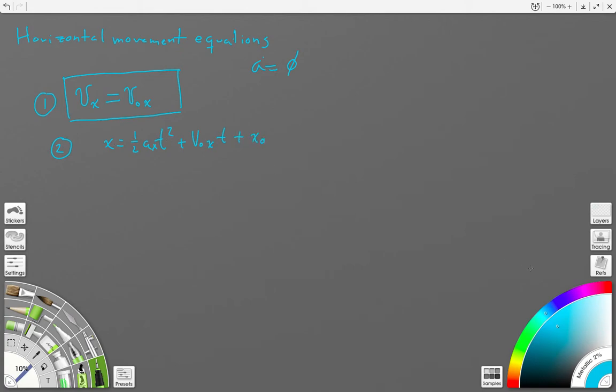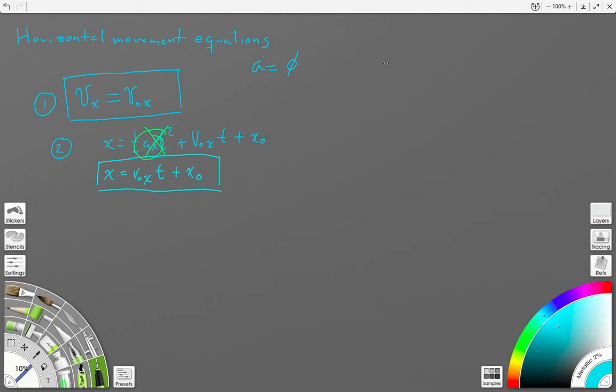Since ax is equal to 0, all of this gets canceled out, and we are left with x equals vox, my original velocity in the x direction, times t plus x0. This is the equation that we'll be using. That's equation number 2.